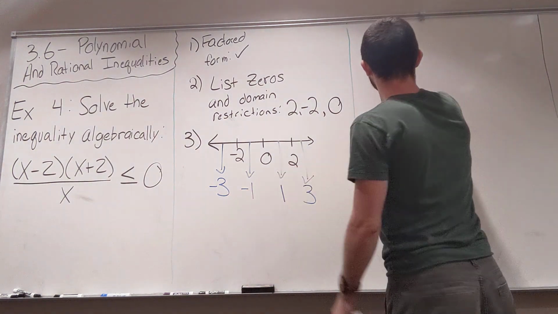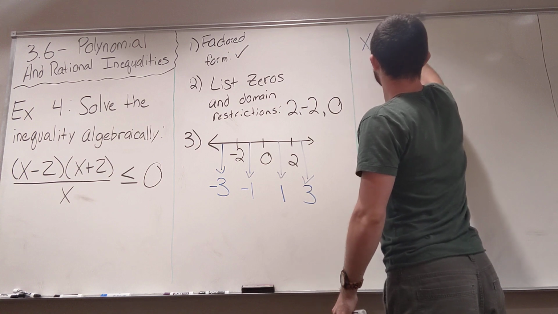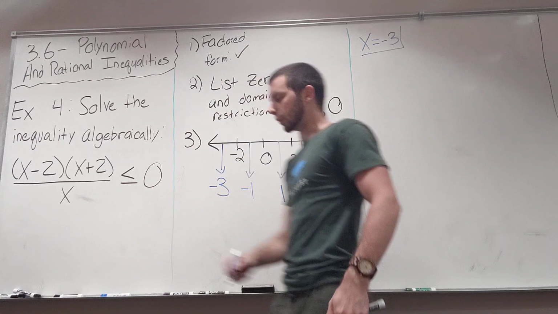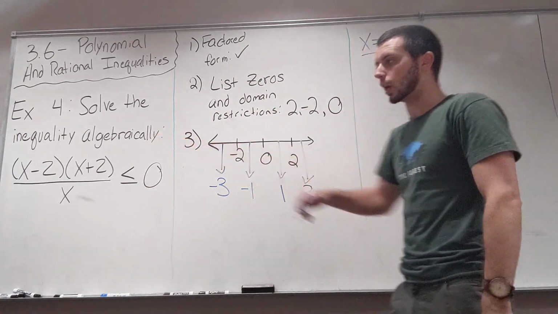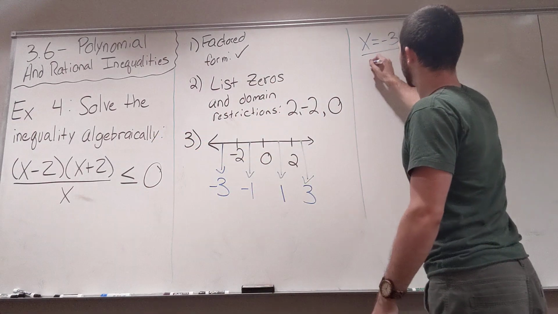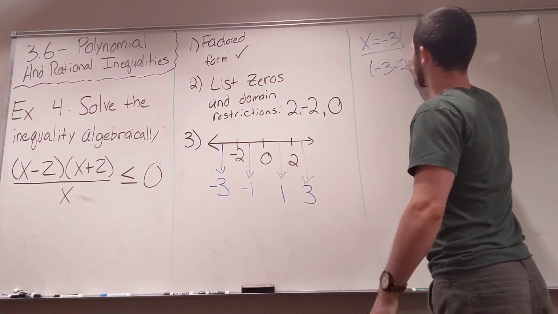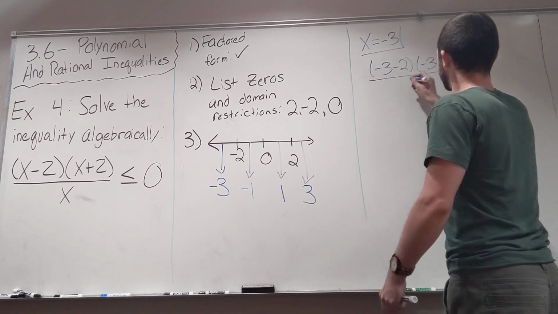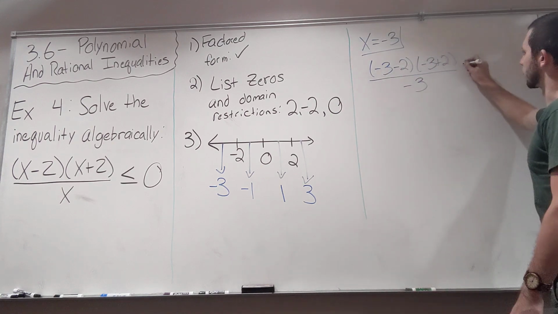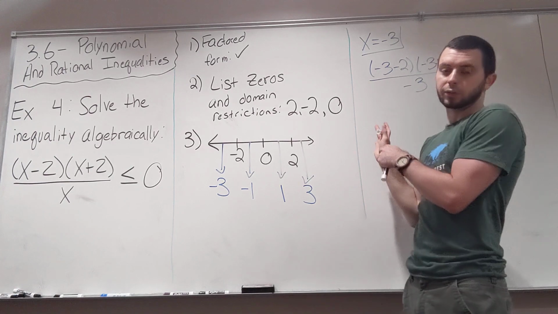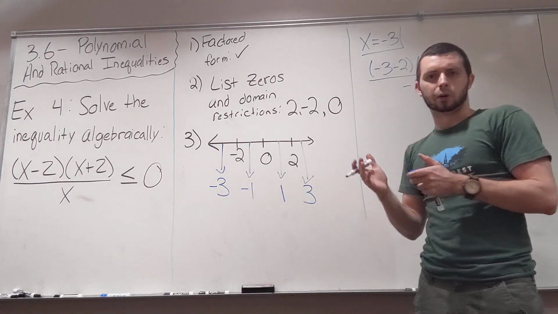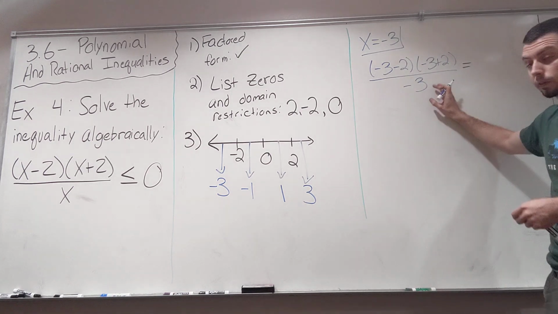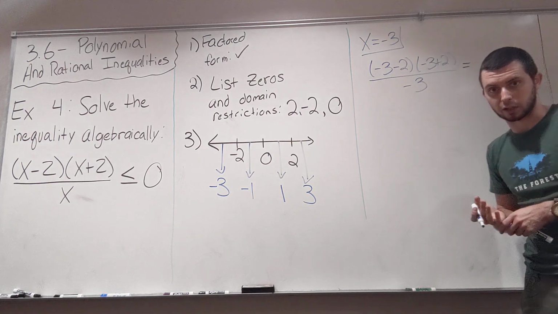So when x is -3, remember, we're plugging that into the factored form. So now -3 gets plugged into every x value. So now it's -3 minus 2 times -3 plus 2 divided by -3. And from here, you could throw all of this in the calculator. If you were to do that, I'd recommend putting in the numerator, then putting in the denominator, and then dividing at the end.